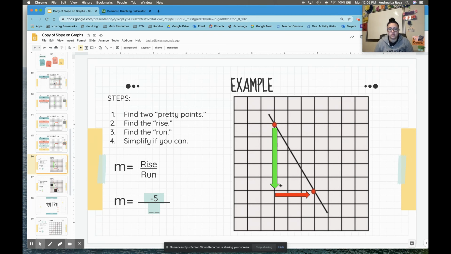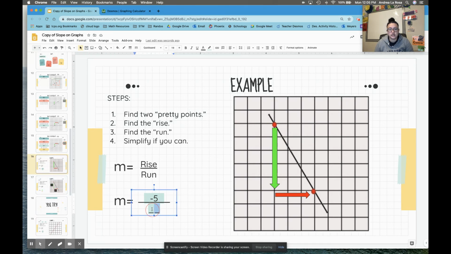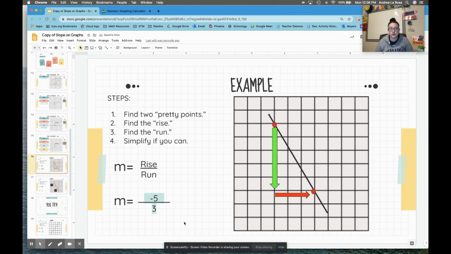And I'm going to count: 1, 2, 3. I went 3 spaces to the right. I plugged in my rise, how far up or down we go. Then we plug in the run, how far to the right.